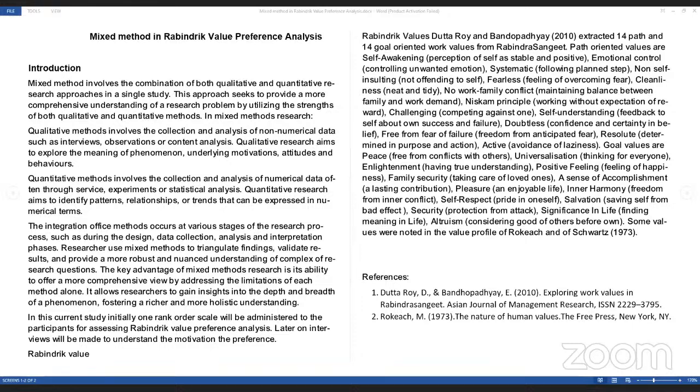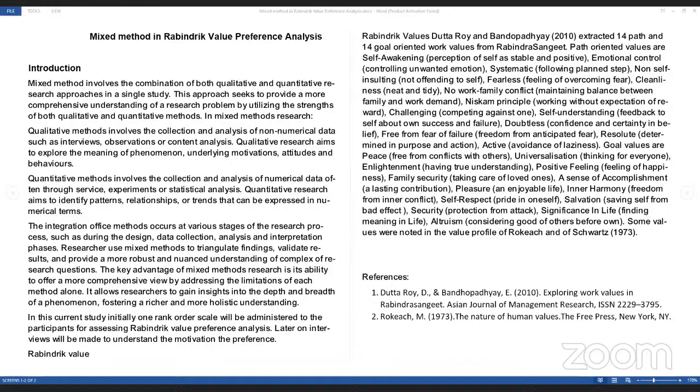For example, in this study, you are ranking the values, and the rank is based upon the preference.